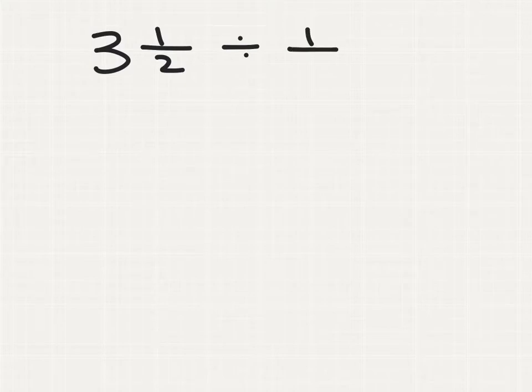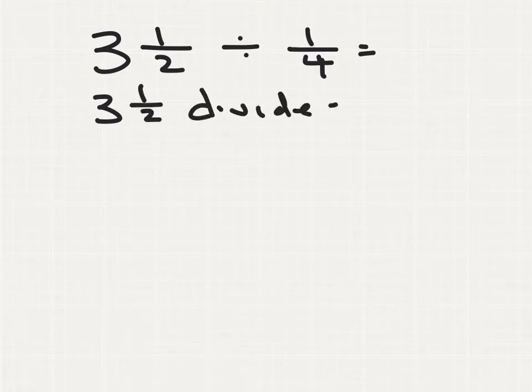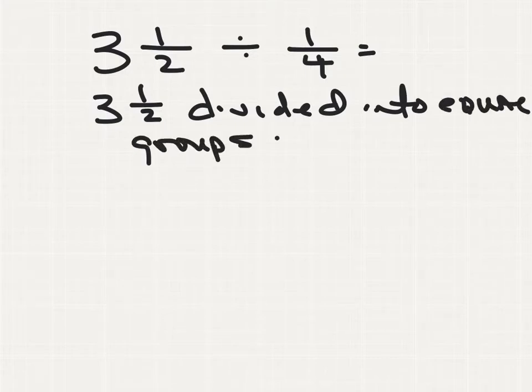Let's try an example using a mixed number. What if I have 3.5 divided by 1/4? That means I have 3 1/2 divided into equal groups of 1/4.